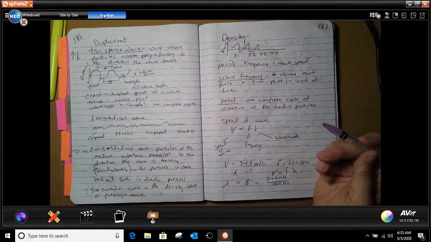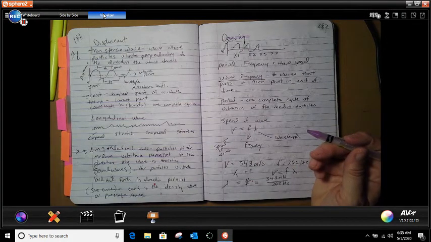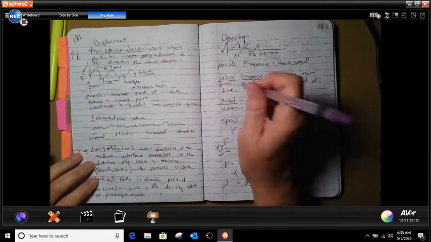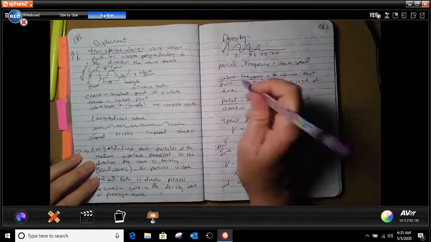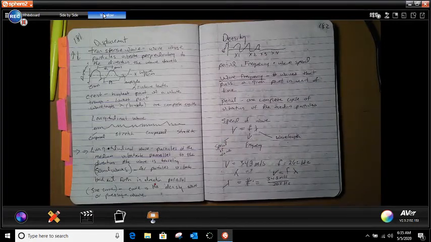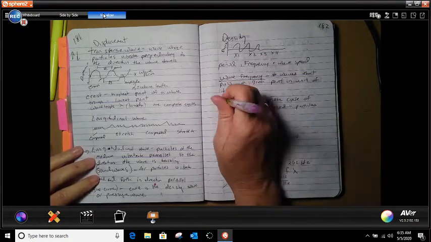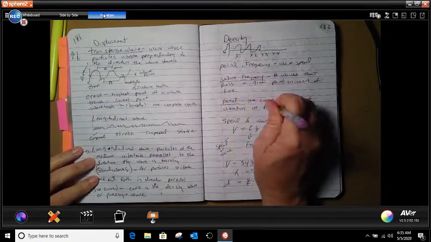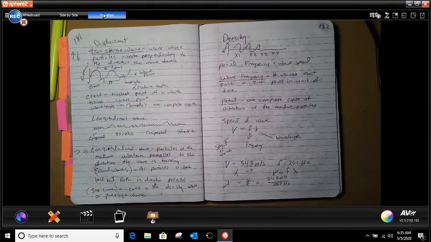And then the next thing we're going to talk about is period, frequency, and speed. A wave frequency is the number of waves that pass a given point in a given time. A period is one complete cycle of vibration of a medium particle.